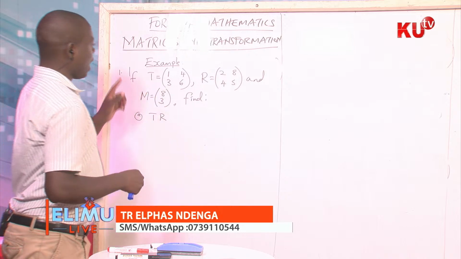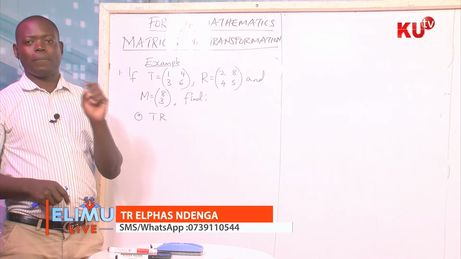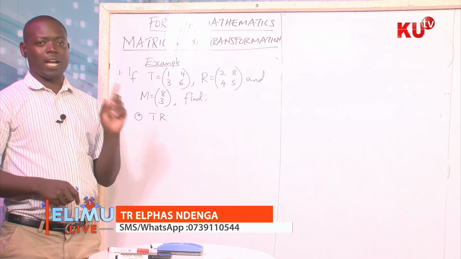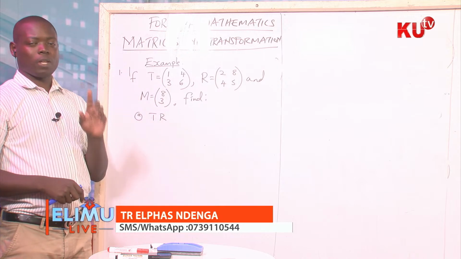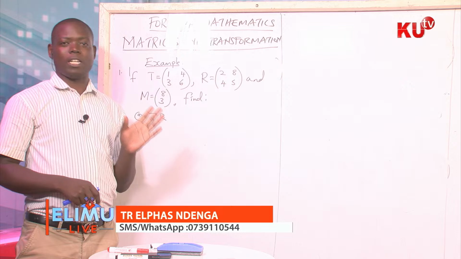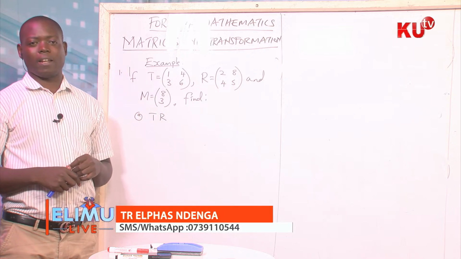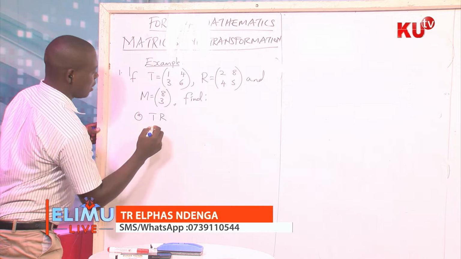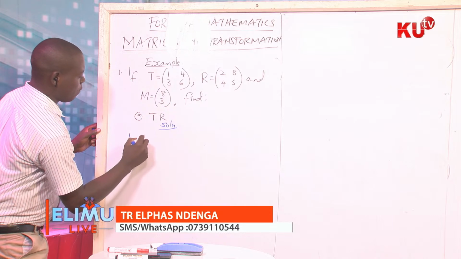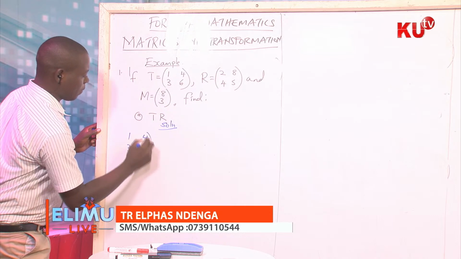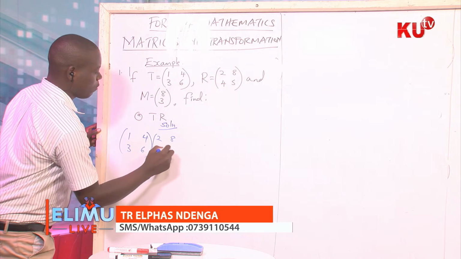Yes, T and R are compatible because they are of the same order, and the order is 2 by 2. If they satisfy that condition, students, we will be able to proceed and do the multiplication. So T is 1, 4, 3, 6, multiplied by 2, 8, 4, 5.